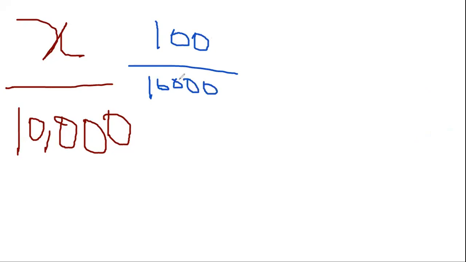I'll just do a simple mathematics. I'll say 100 divided by 10,000. Zeros will cancel zeros. 1 divided by 100 is what? 0.01.